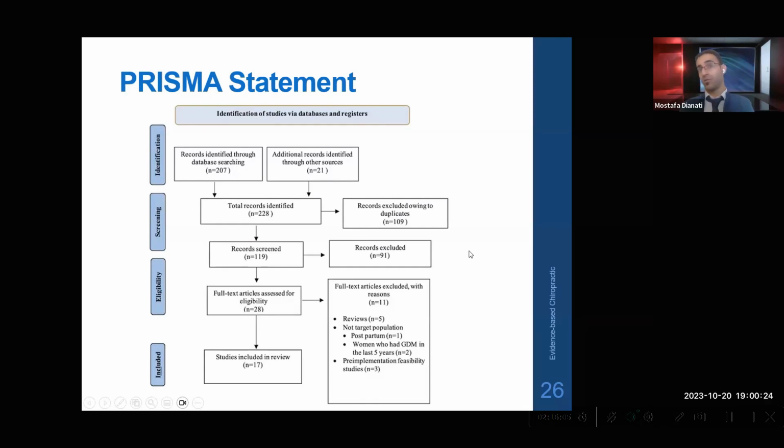If you include reviews in the review, then this is not a systematic review. This is an umbrella study, which is another, really different scenario. So remember that you must exclude review studies from your systematic review and meta-analysis. This is a really key point.